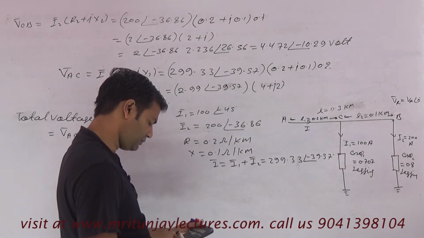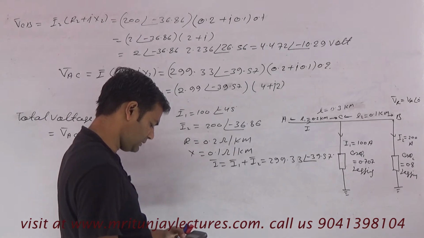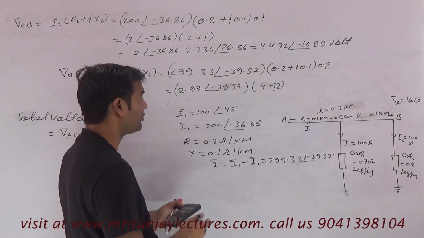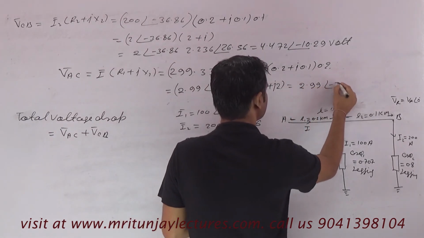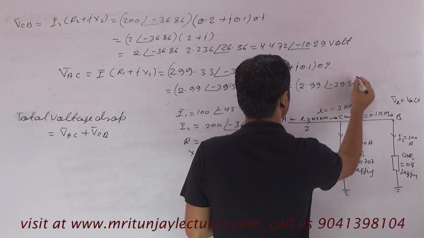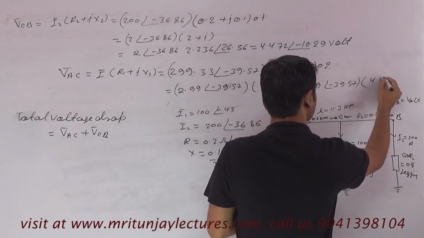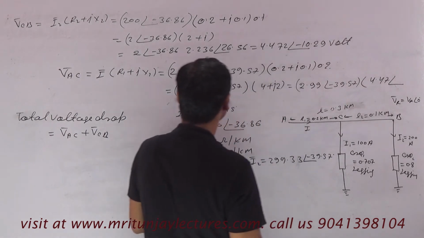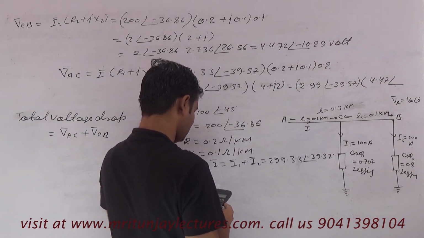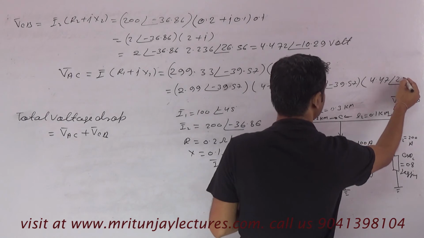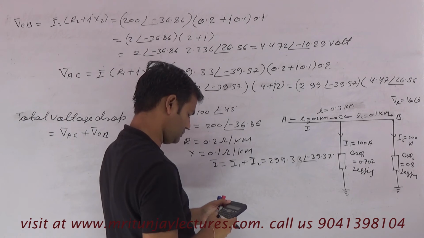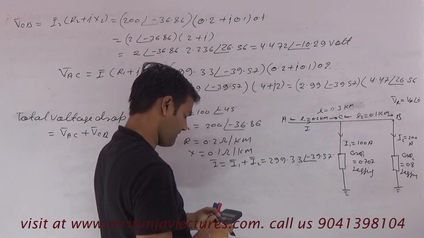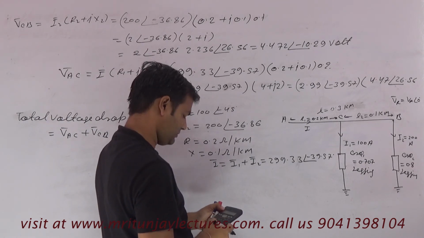Now again 4 plus 2J is converted into polar form, that is 4.47 at the angle 26.56, into 2.99 at the angle minus 39.57.